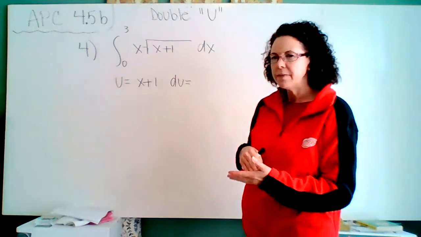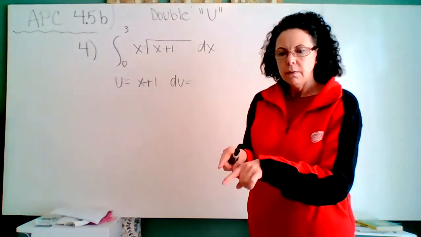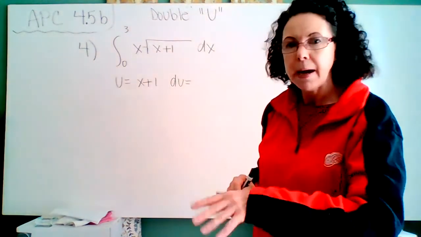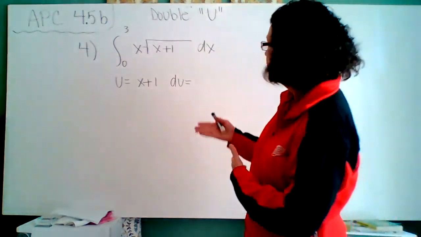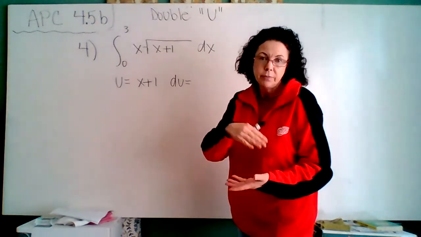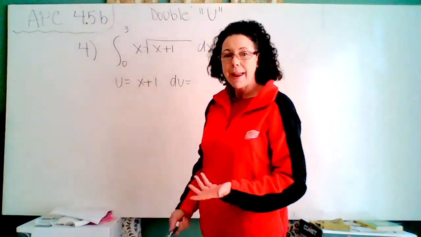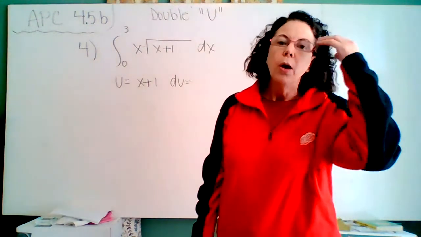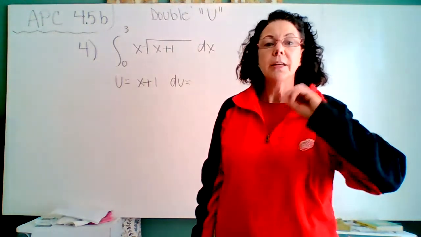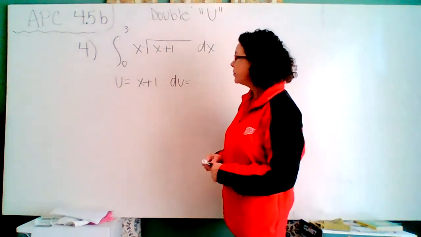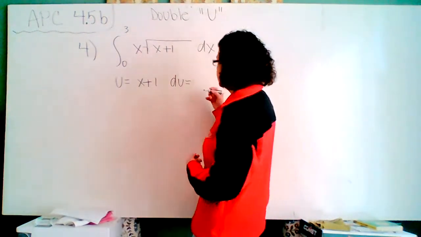When I take the derivative, I was always seeing that my u expression was being multiplied by a power that was 1 less, because I was taking the derivative and it reduces the exponent by 1. I don't see that here. These are matching powers. So what do we do? We do what's called a double u substitution. So let's keep going. The derivative of u is 1 dx, right?